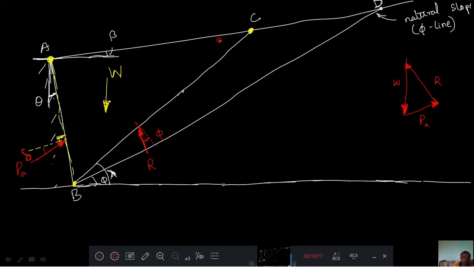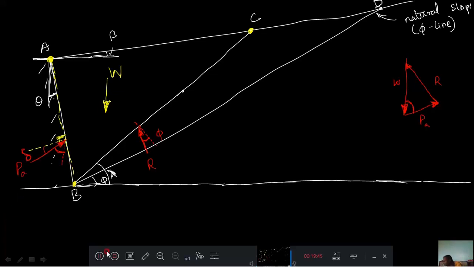Now, in this one I want this angle. How to get this angle? Look here, what is PA with respect to vertical that I want. If I draw one vertical line here, what is this angle I am interested in?